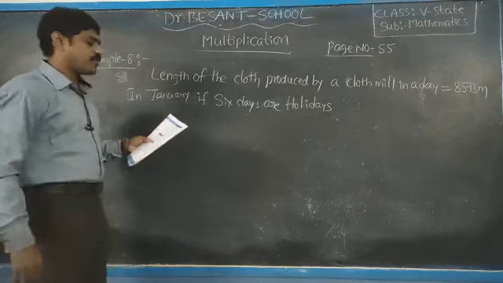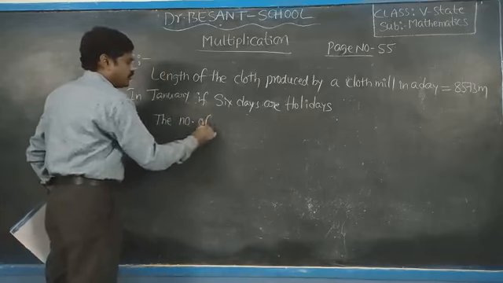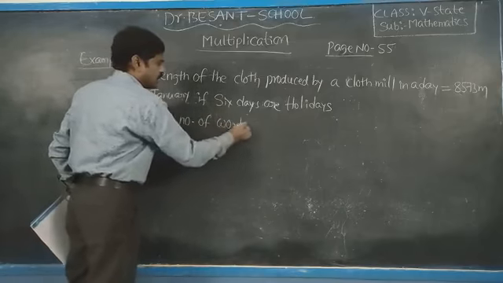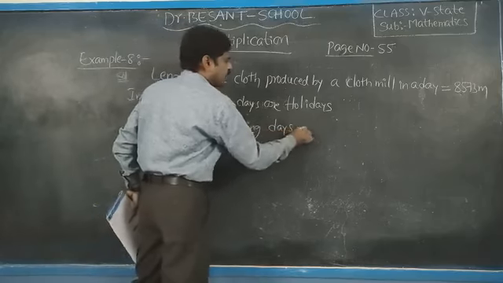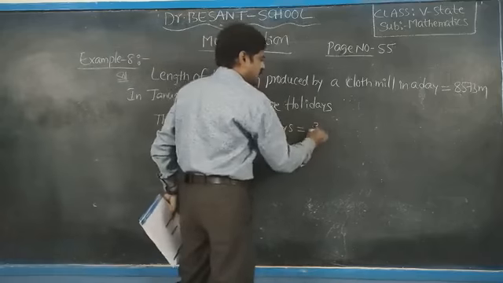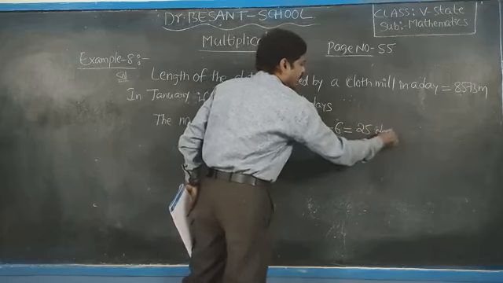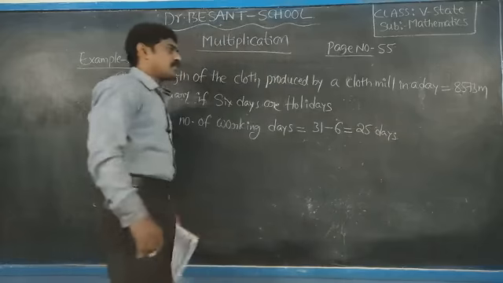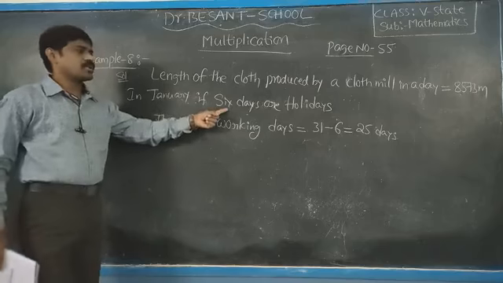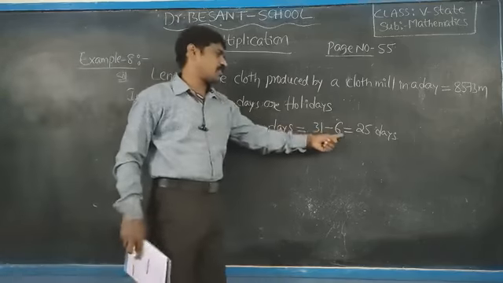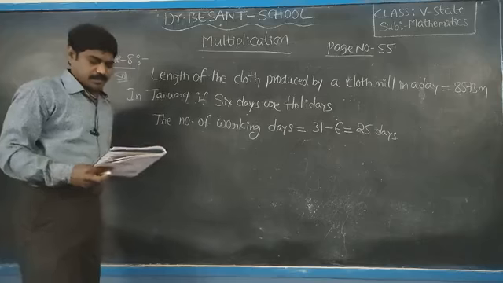Therefore the number of working days is 31 minus 6, that is equal to 25 days. That's why we have to subtract 6 days from 31.